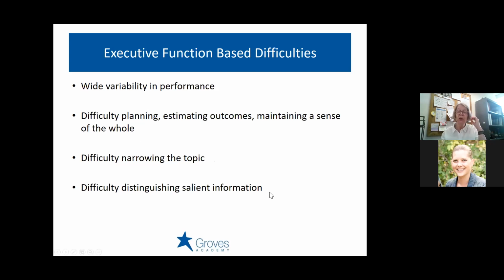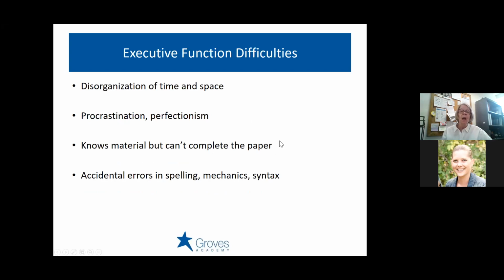And then difficulty distinguishing what's important and what's not, because what's important needs to be placed in topic sentences, thesis statements, etc. If they're all mixed together, then the reader is going to have a hard time figuring out what is important to the writer. Also, executive function difficulties that come into play are just general disorganization of time and space.